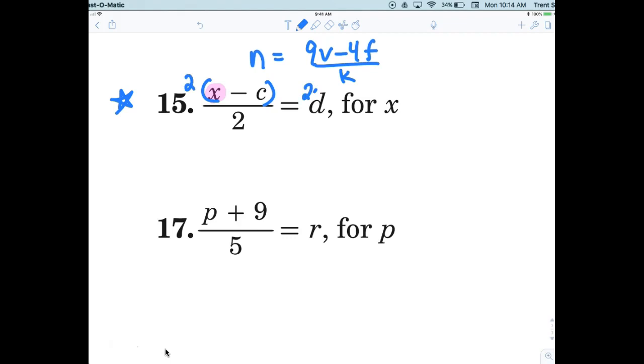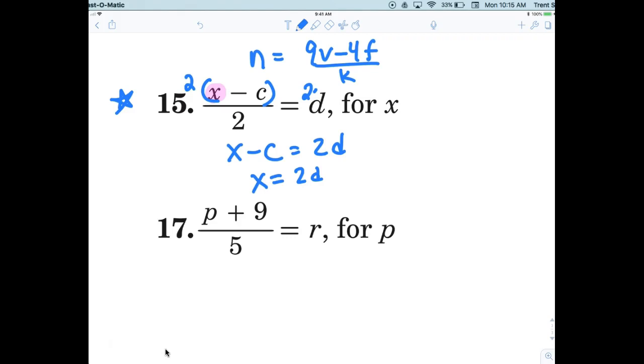So he did perfect. So now x minus c equals 2d. Yep. All right, finish it off. So what does x equal? x equals 2d plus c. Wait a minute now. 2d what? Oh, 2d.